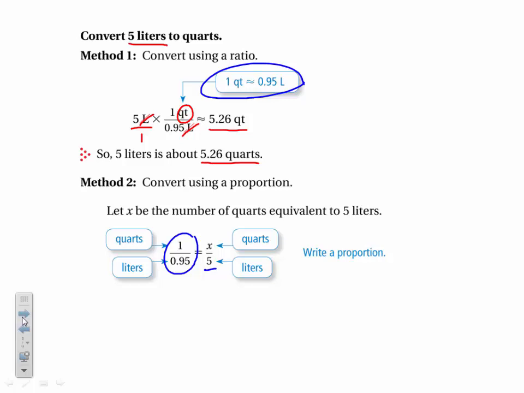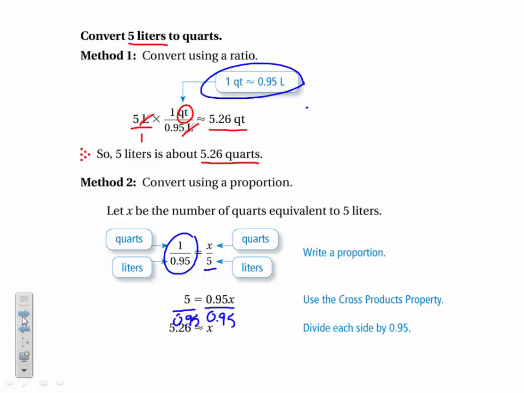Now you can just solve the way we've been solving all along, which is cross products. When you do the cross products, you end up with 5 equals 0.95x. You divide both sides by 0.95, and you get 5.26, the same way we did earlier. Notice that when you divide both sides by 0.95, here's that ratio that we had up here.